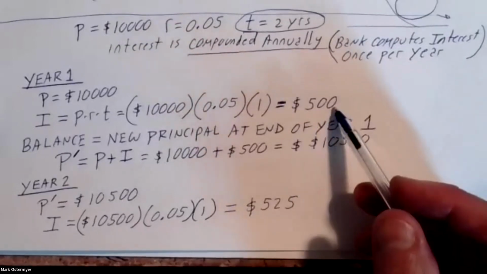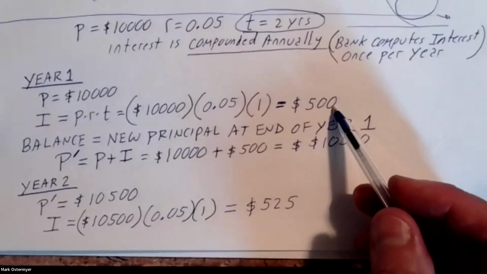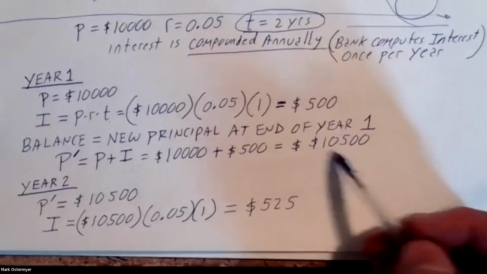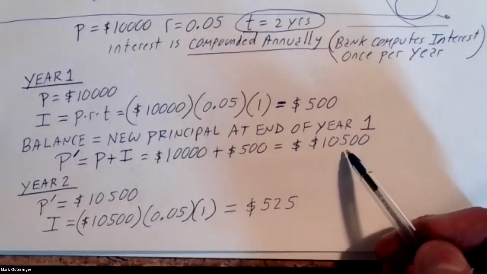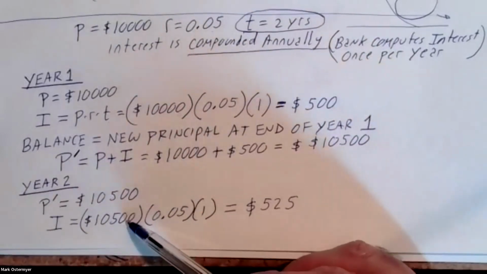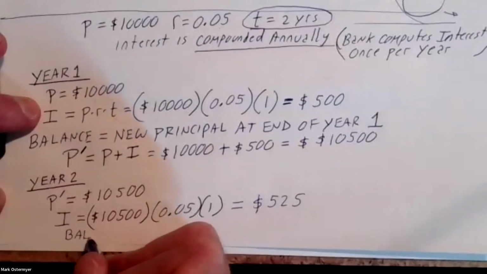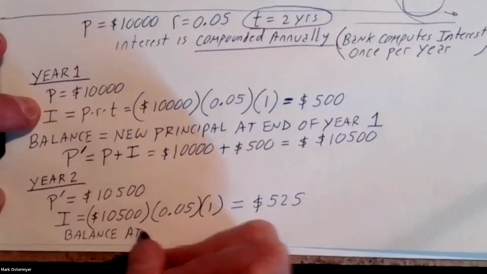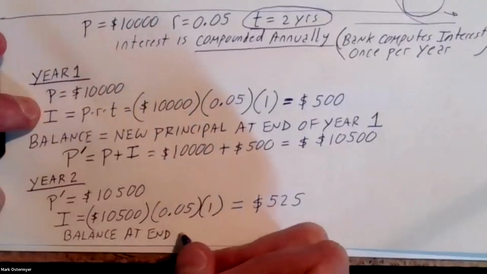Well, I'll tell you what's changed. In year 1, we earned $500 of interest, which upped our principal from $10,000 up to $10,500. Now we're going to earn more interest in the second year because our principal is larger now. Do you agree? Now, what's going to be our new balance at the end of year 2? The balance at the end of year 2.